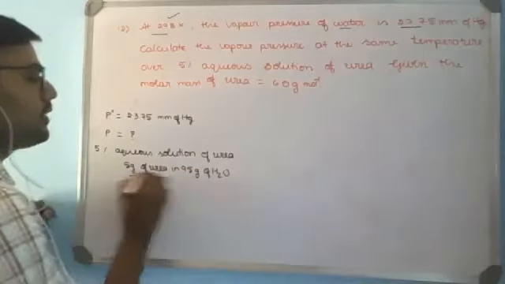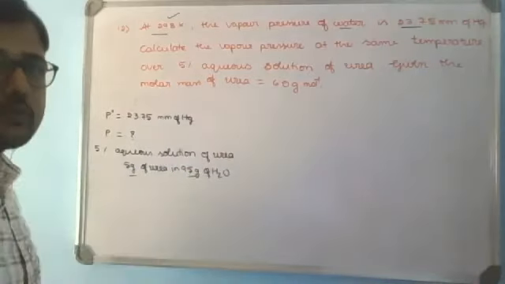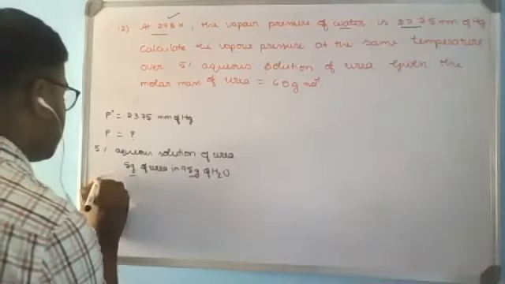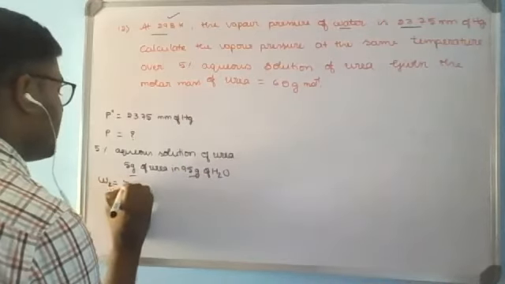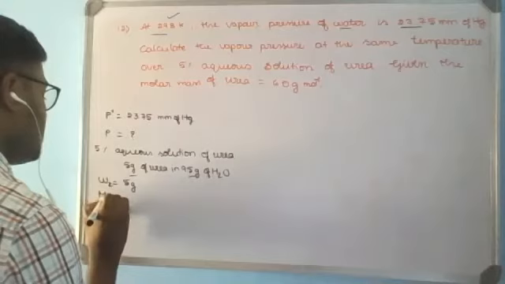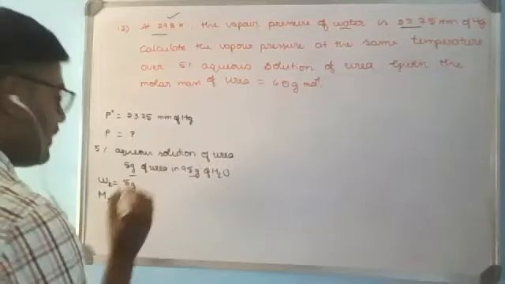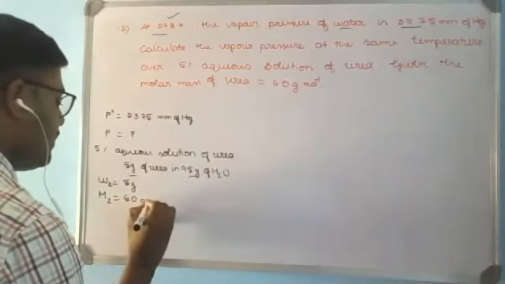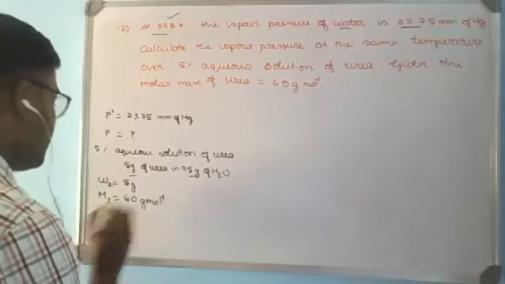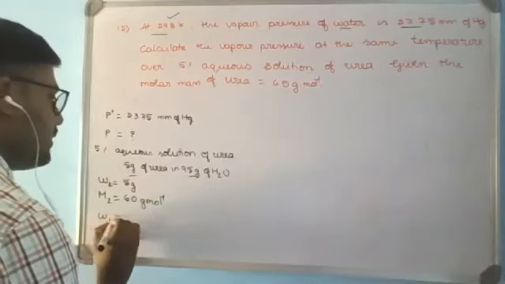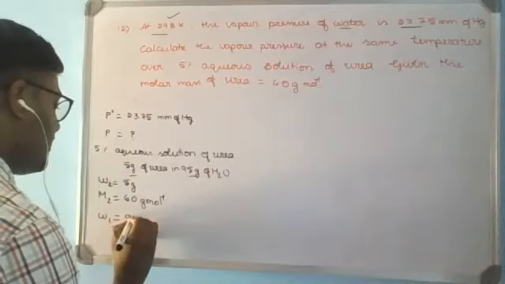So that together will give 100 grams of the solution. Hence mass of solute is 5 grams. Molar mass of solute urea is given in the question, it is 60 gram per mole. Present in 95 grams of water, that is, mass of solvent is 95 grams.